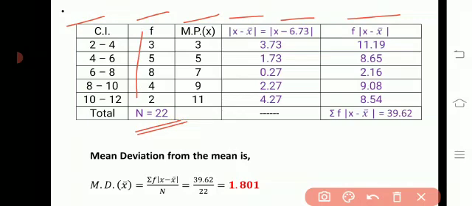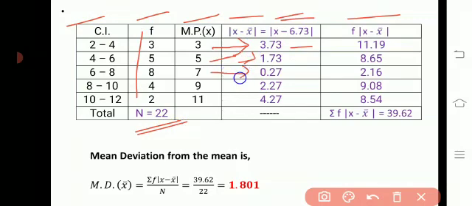Now first we will find absolute value of x minus x bar, and x bar is 6.73. So 3 minus 6.73 is nothing but minus 3.73, but since it is absolute sign we have to write it positive. So the first difference, that is 3 minus 6.73, you will get 3.73. Similarly 5 minus 6.73 is 1.73.